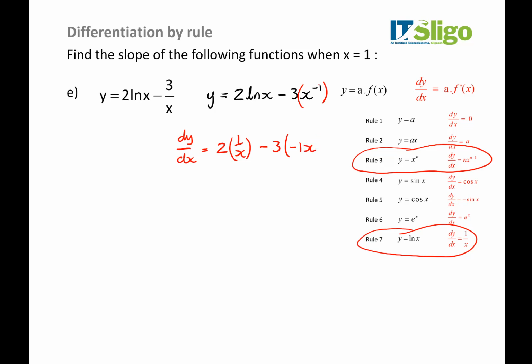I keep my x, and I add minus 1 to the old power. So when we tidy this up, this gives me 2 over x. Now minus 3 by minus 1 is plus 3. I'll just write it as a plus. Now it's 3, and then x to the power of minus 2, remember, we can write like that.